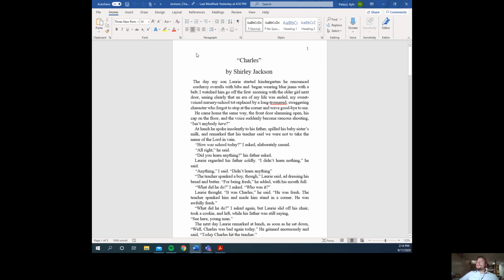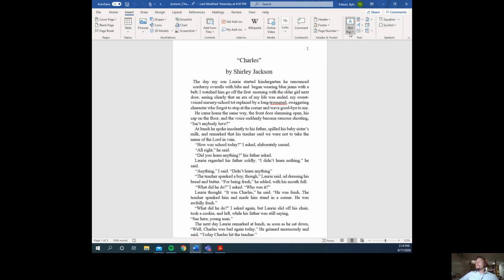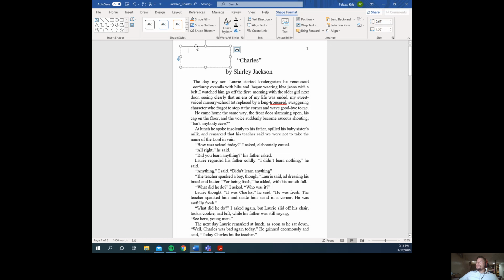Moving on to the story, there are a few things that, when you go to your work for the day, I want you to annotate in this manner. I'm going to grab a text box, and I'm going to put a little bit of a legend over here.